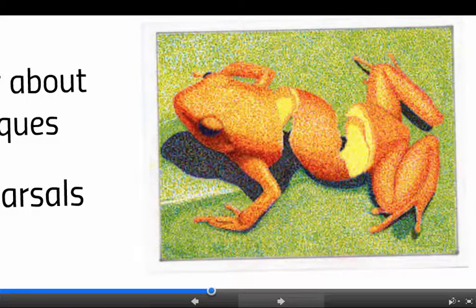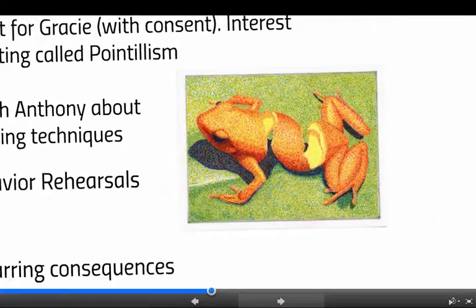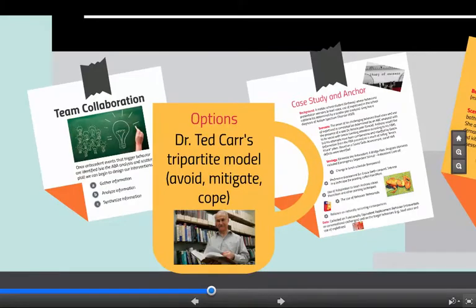And here's a good illustration of pointillism. It is a painting that consists of many, many, many fine points created by the brush from the painter. So this is a fascination for her.